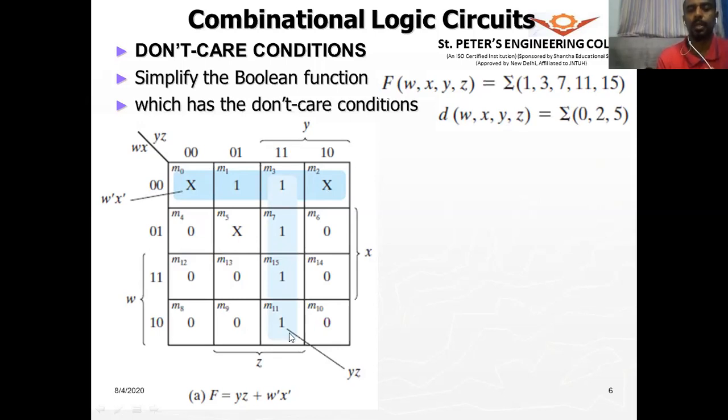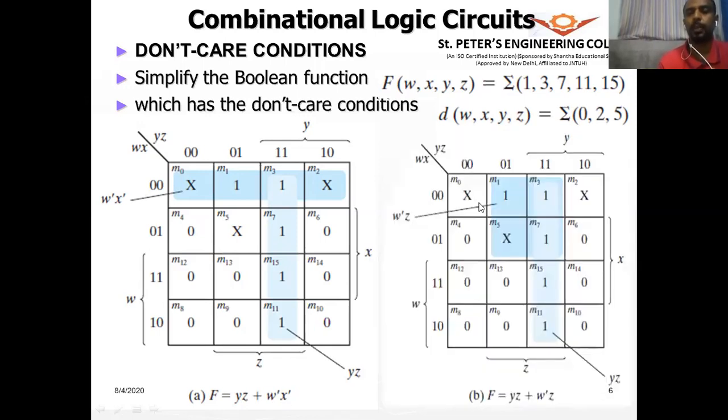So the result of this combination will be YZ. All the ones are covered. So the output for F is now reduced to F = YZ or W complement X complement.